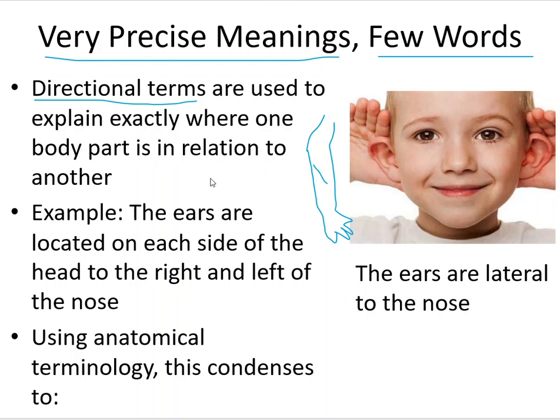Now, these directional terms are always a comparison, right? I'm going to say something is closer to something else than another thing. So let me say it like this. If I said Atlanta is closer to Chattanooga, closer than what?